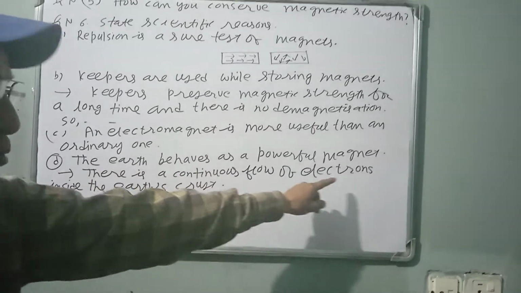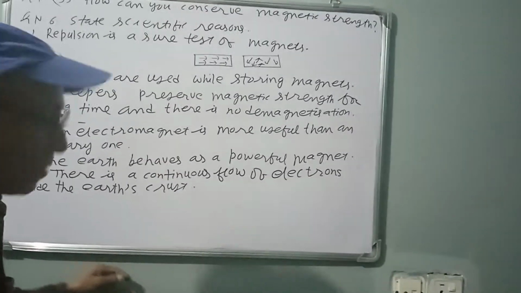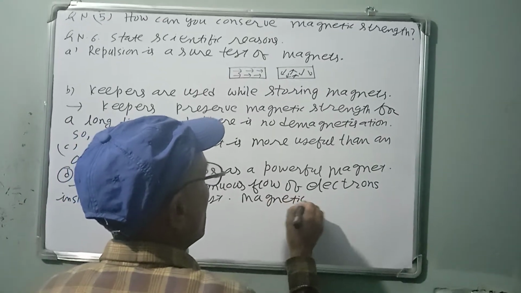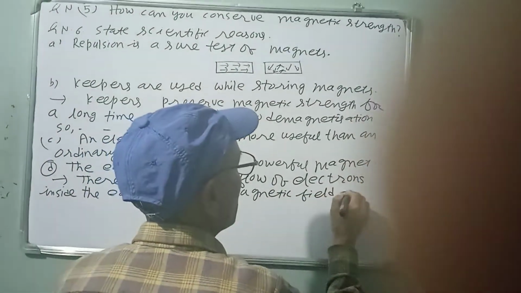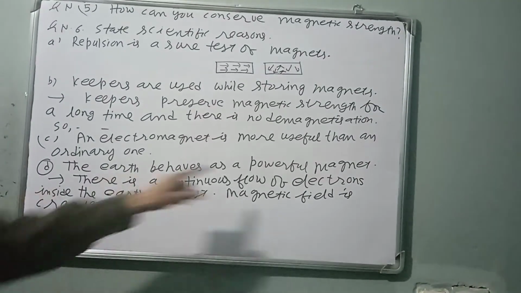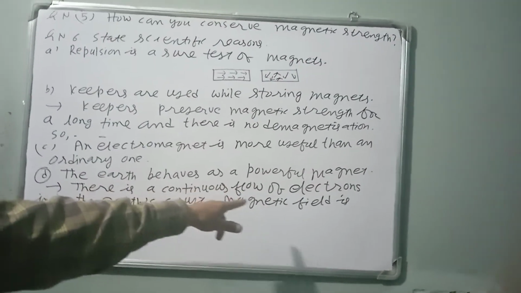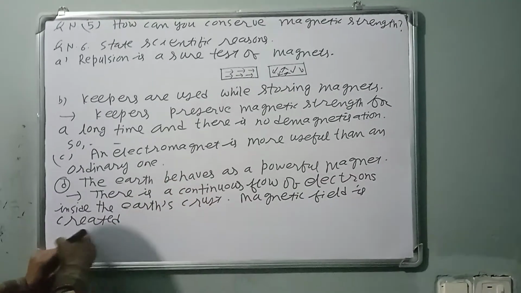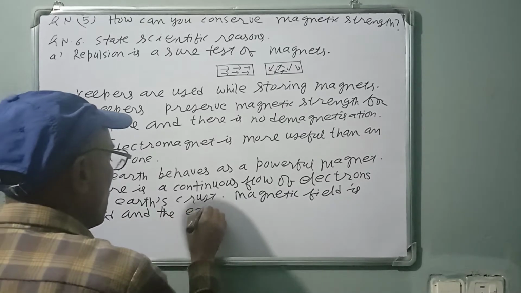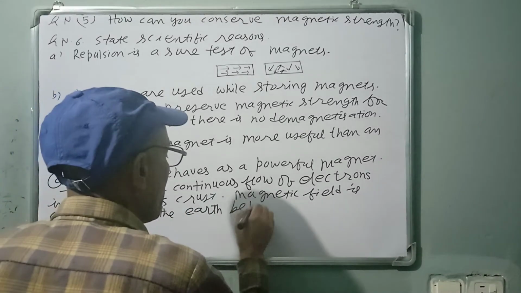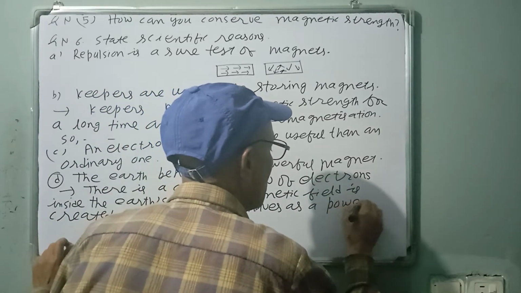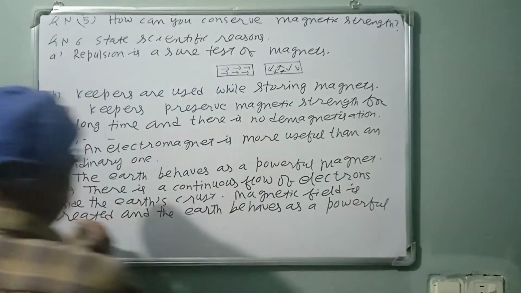If there is a continuous flow of electrons, a magnetic field is created. Due to the flow of electrons, a magnetic field is created, and the earth behaves as a powerful magnet.